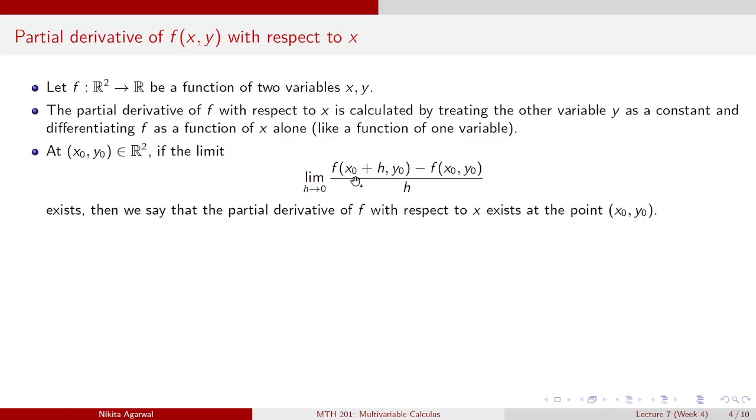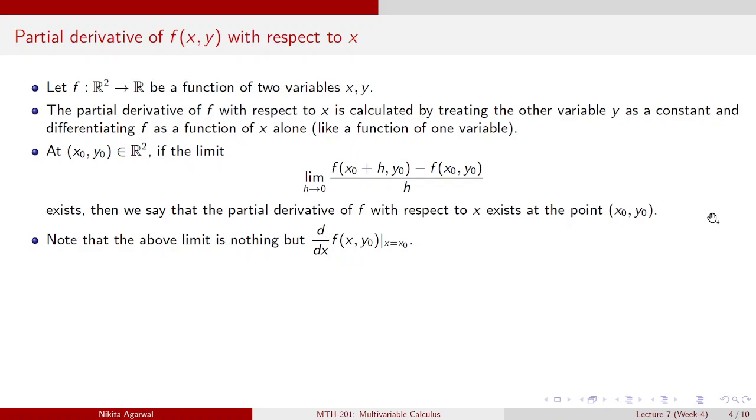If I ignore the y naught term, it is like differentiating in the first coordinate and evaluating at the point x naught. If this limit exists, we say that the partial derivative of f with respect to x exists at the point x naught, y naught.